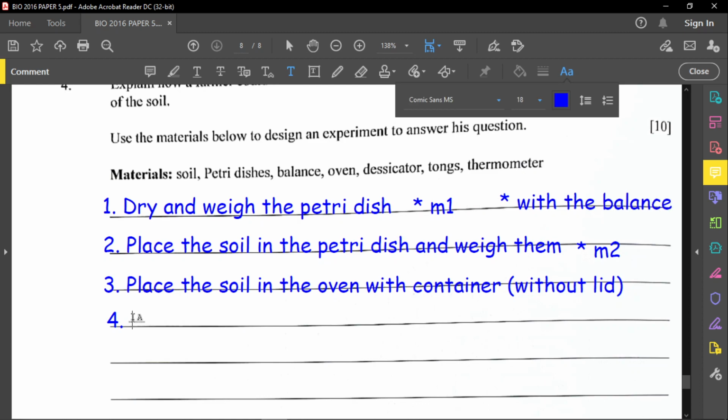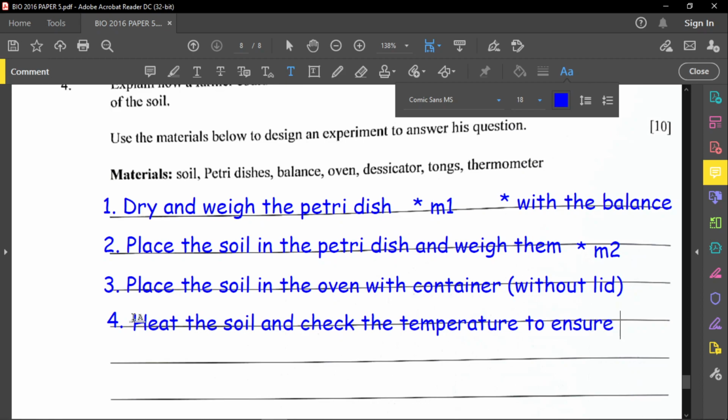And so for part 4 now, what you're going to do is heat the soil. So you're going to add heat to the soil, and measure and check the temperature. You want to ensure that the temperature reaches the boiling point of water, because if it's not at boiling point, then water will not evaporate.